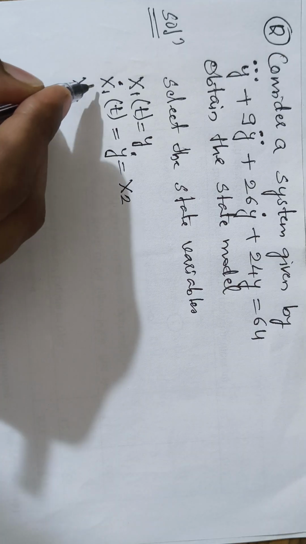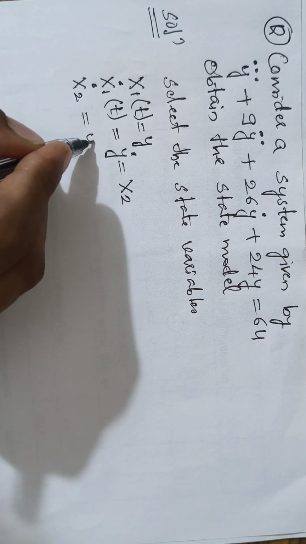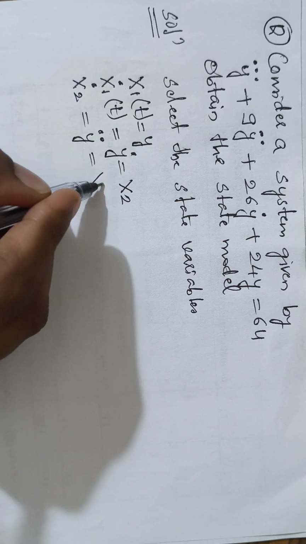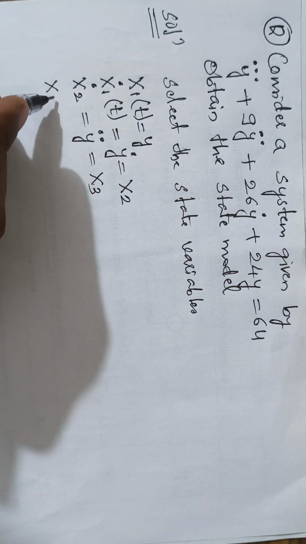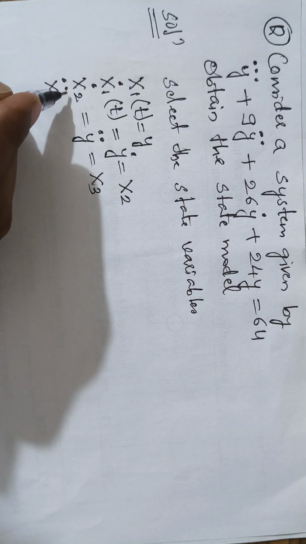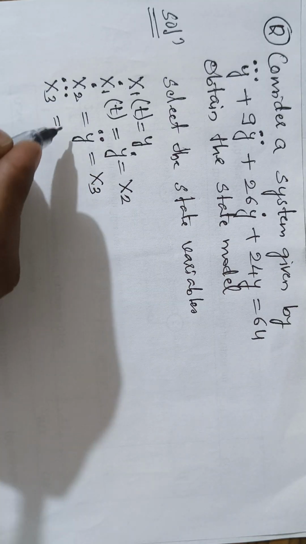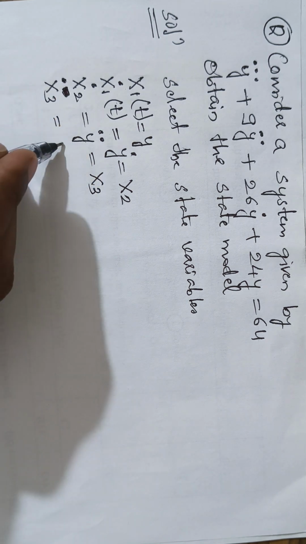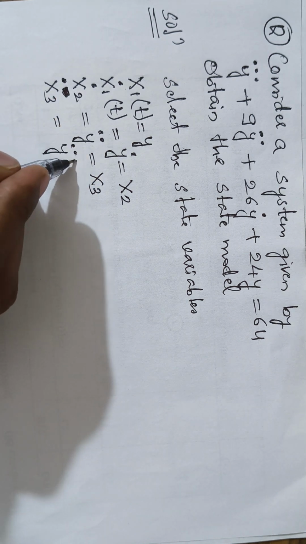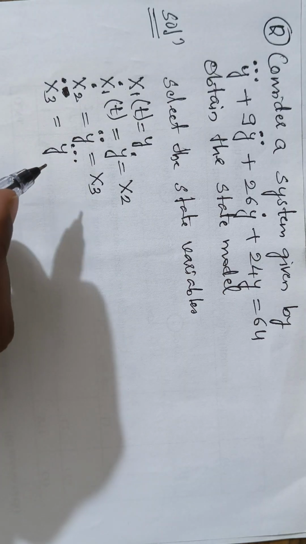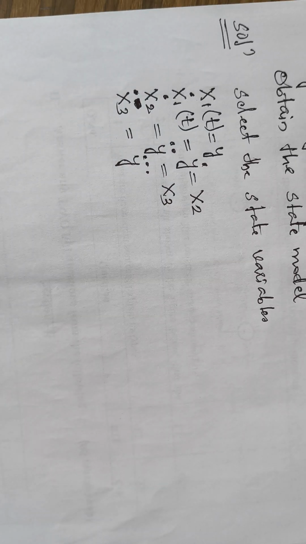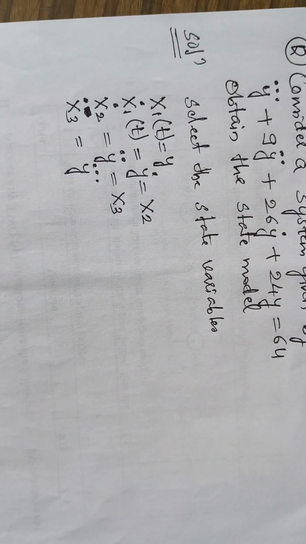Then x2 dot is equal to y double dot, that is equal to x3, and x3 dot, only one dot, is equal to y triple dot. Now you need to substitute these all in the given equation.